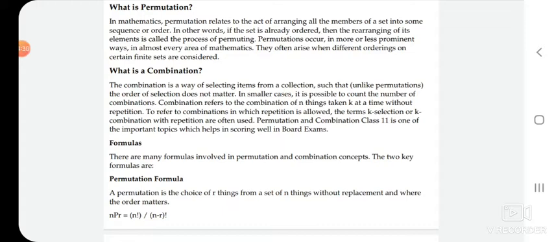To refer to combinations in which repetitions are allowed, the terms k-selection or k-combinations with repetitions are often used. That's why permutations and combinations differ.